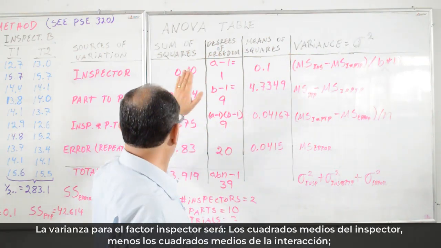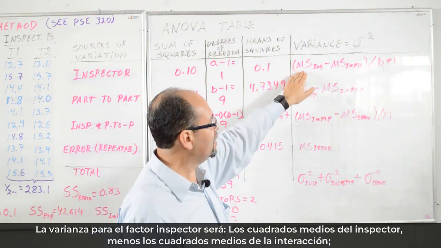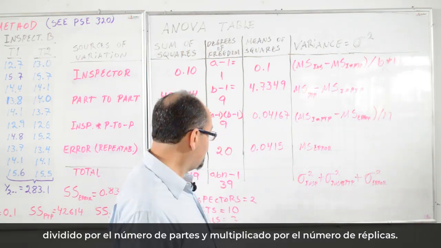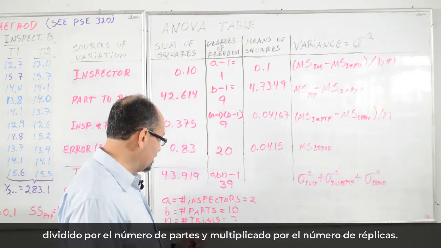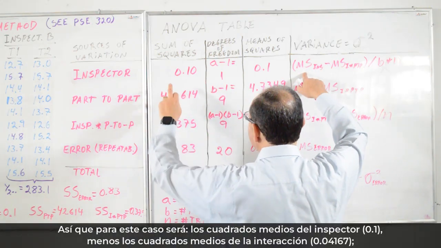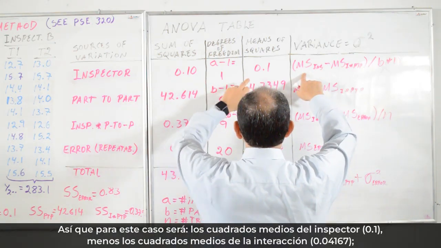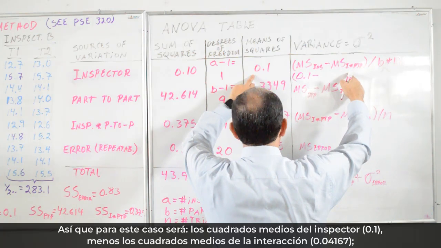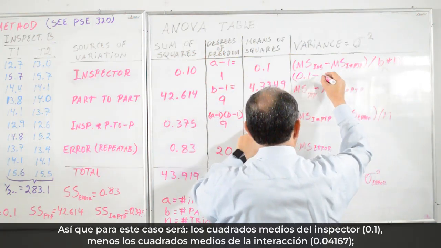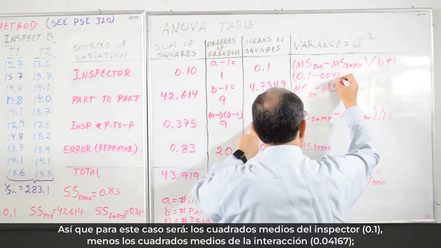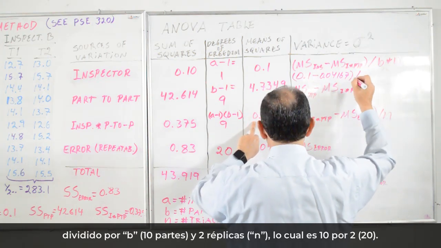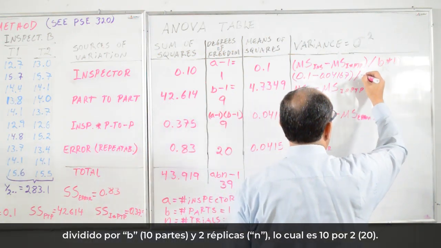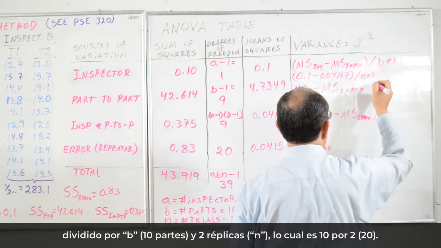The variance for the inspector will be the mean of squares of the inspector minus the mean of squares of the interaction, divided by the number of parts times the number of trials. So for this case, it will be the mean of squares of the inspector, which is 0.1, minus the mean of squares of the interaction, which is 0.04167, divided by 10 parts and 2 trials, which is 10 times 2, 20.